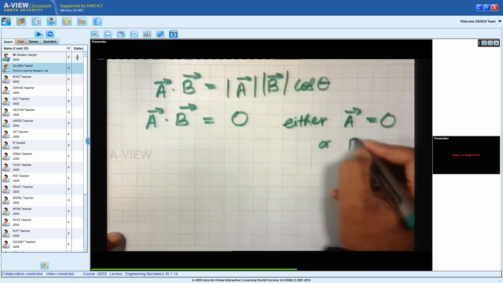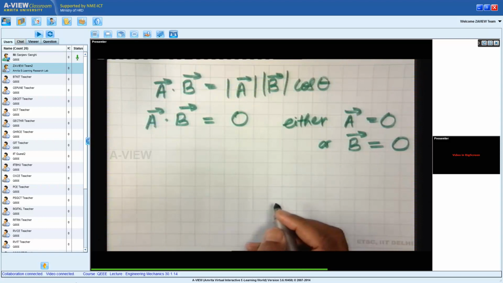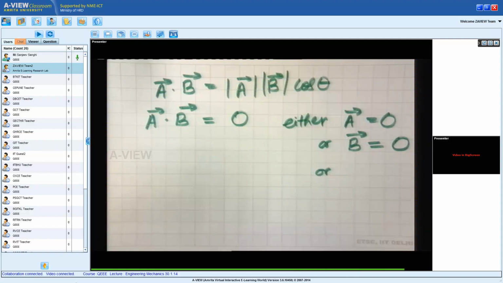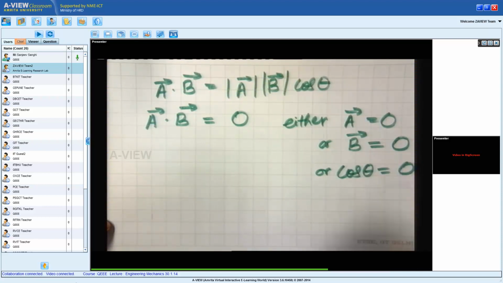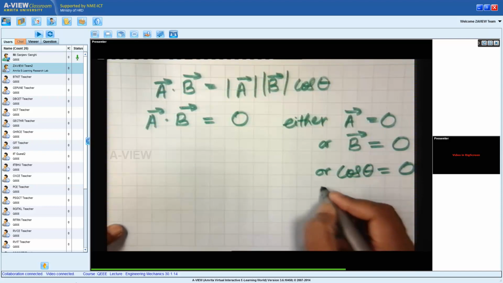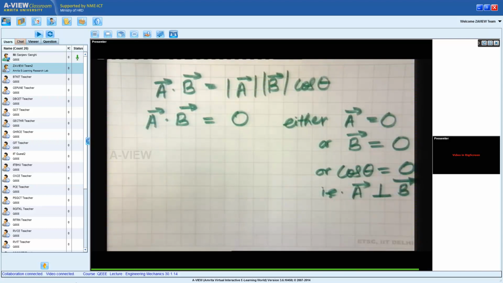Or it could mean that the vector B is 0. But then there's a third case. Even when A and B are not individually 0, A dot B could be 0 if cos theta is equal to 0, and this would mean that vector A is perpendicular to vector B. So if these two vectors are mutually perpendicular, then A dot B will be 0.